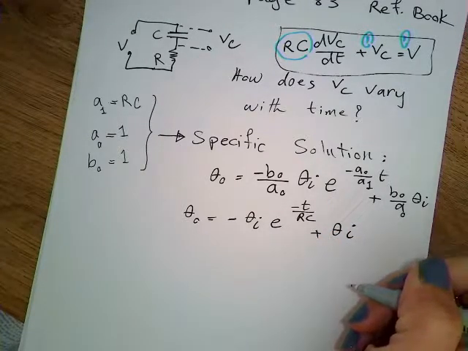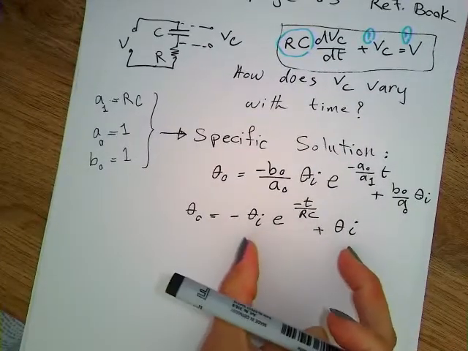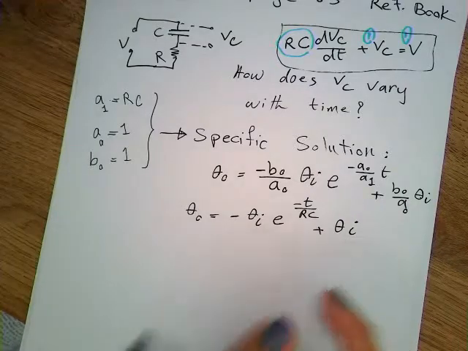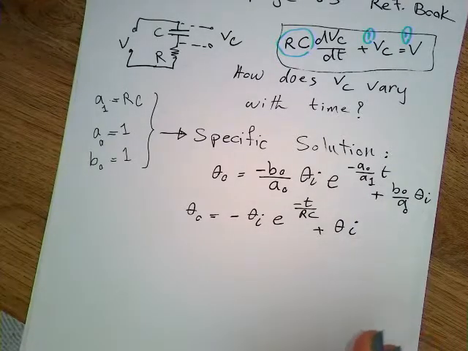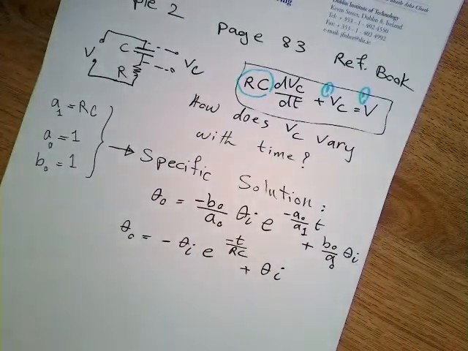What I can do from here is factor out the theta I. I'm just going to leave it as it is. Now, this will be my theta O. This is the specific solution for that question.